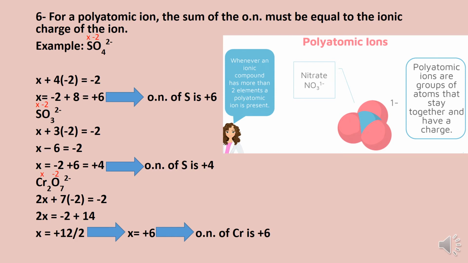You have 7 atoms of oxygen, so 7 times -2 equal to the charge of this ion, which is -2. So to solve for 2X, you will get -2 plus 14, and the X here for 1X is +12 over 2, which implies X equal to +6, and the oxidation number of Cr is +6.